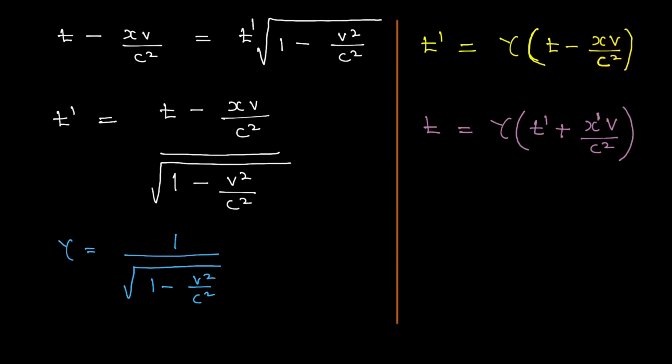We can now do the reverse transformation for time, which is gamma (t prime minus x prime v prime over c squared), but v prime is minus v, so that becomes plus v over c squared.